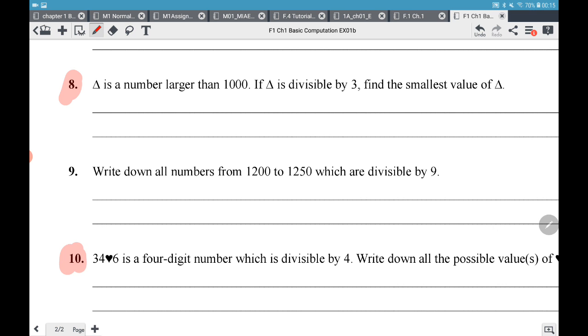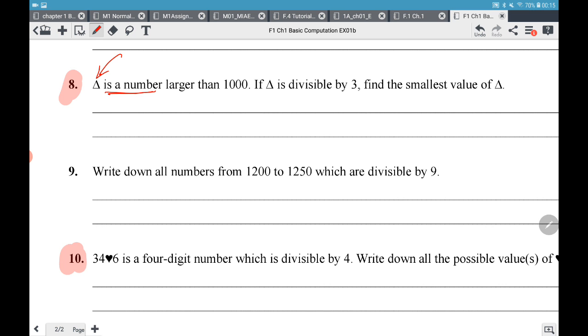For question 8 first, in here we have a symbol, something like a triangle. The symbol, a triangle maybe, is a number. A number can have more than one digit. You have to understand that. That symbol is a number larger than 1000.